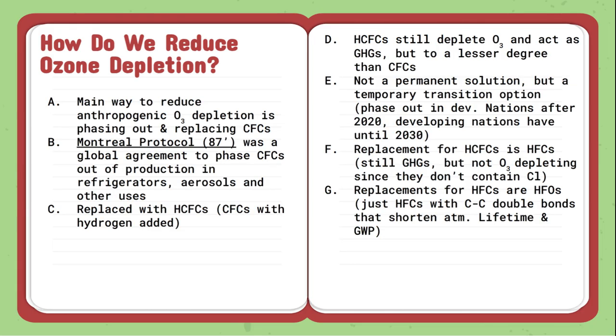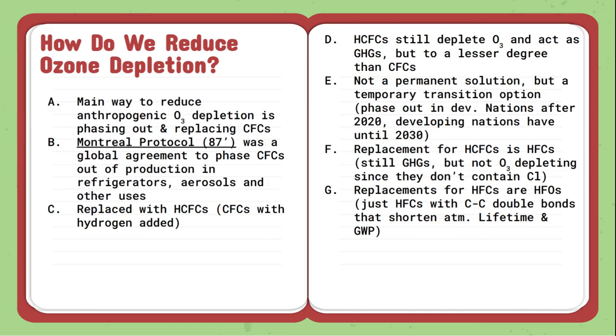Replacements for HFCs are now known as HFOs, which are HFCs with a carbon-carbon double bond that shortens their lifetime in the atmosphere, making them not quite as strong a greenhouse gas in comparison to CFCs, HCFCs, and HFCs.